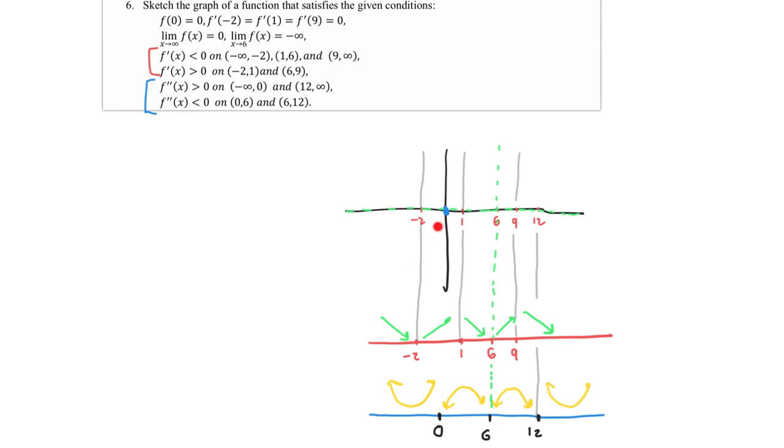We also know that it passes through the origin. But once it makes it to 1, according to this information, it changes direction. So it goes down, and then it shoots down forever, because there's that asymptote there. I feel confident in that.